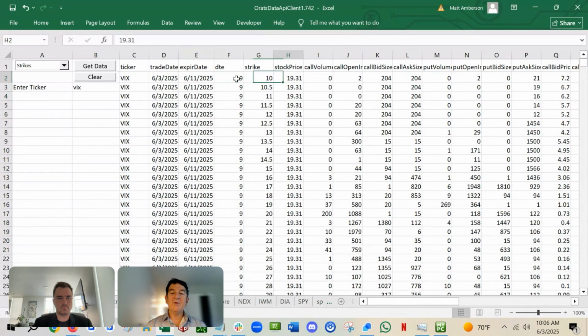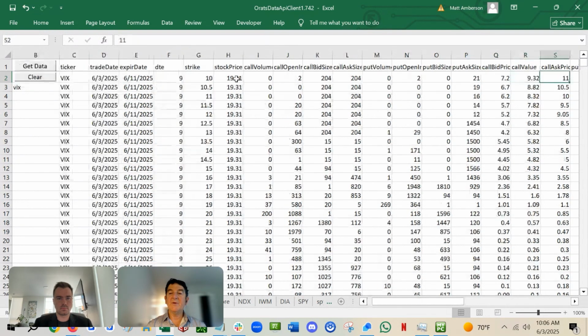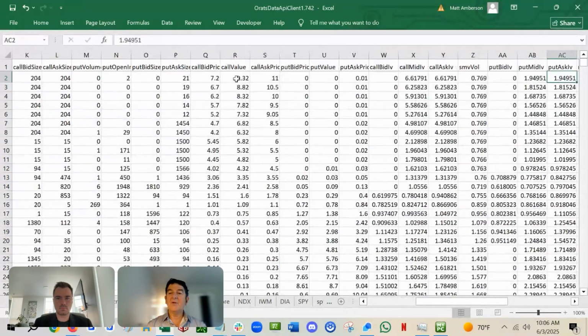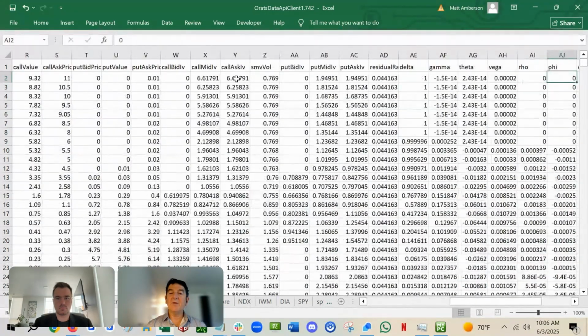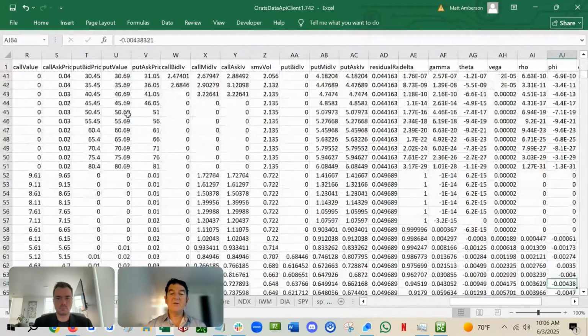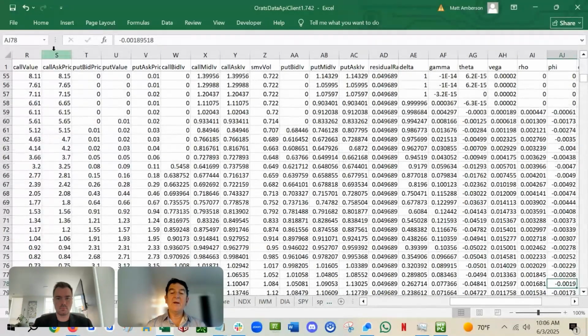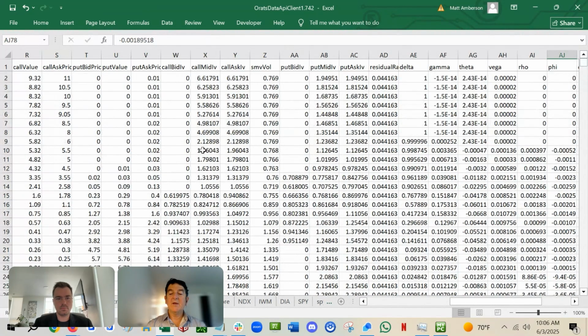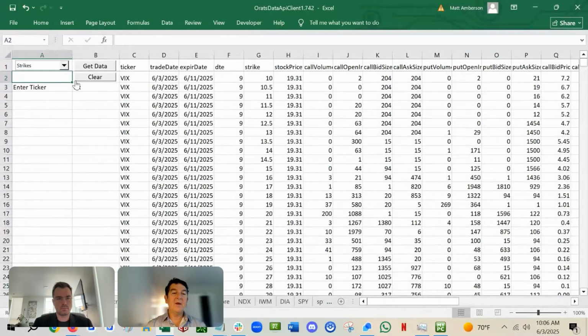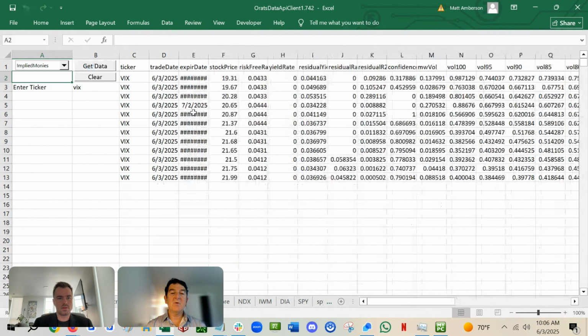So here's VIX and we're showing open interest and bids and offers, and then implied volatilities, deltas, and Greeks at all different strikes. So this is the most detailed option, one line per option, and then we summarize each month, for example, in what we call the implied monies, so the moneyness or the deltas.